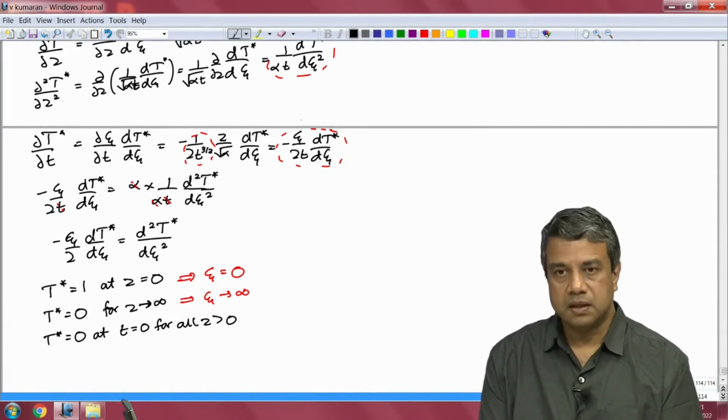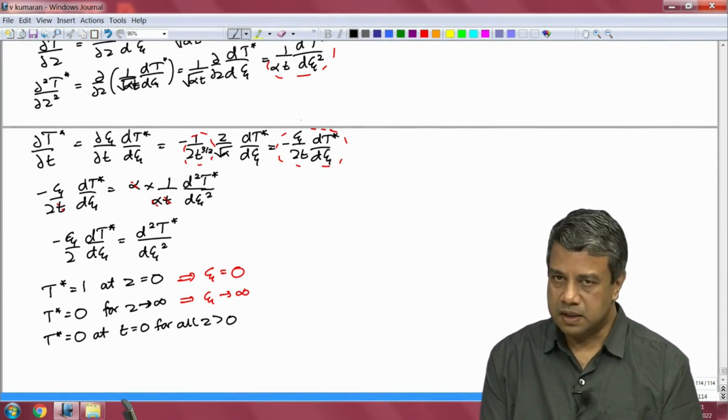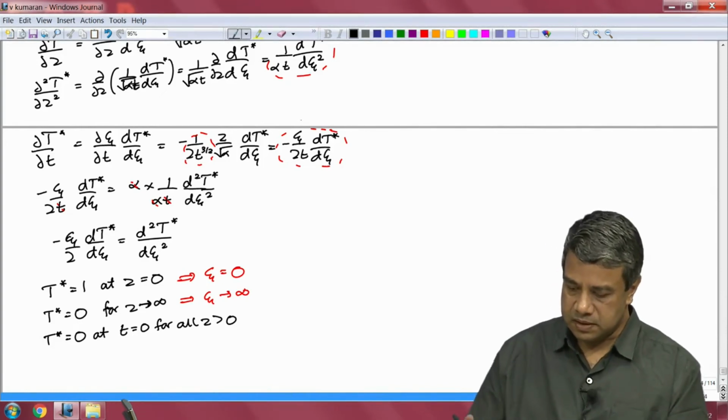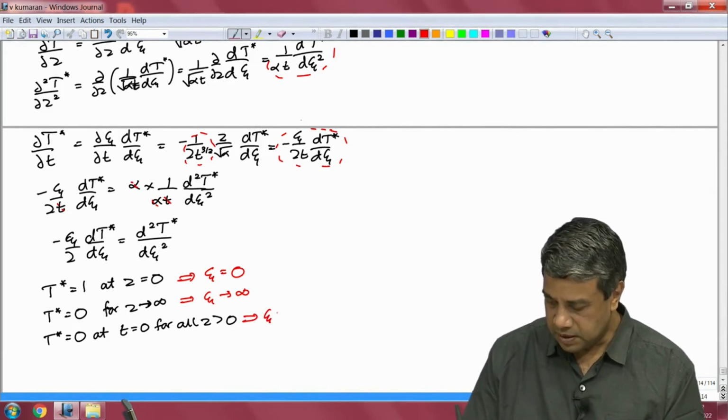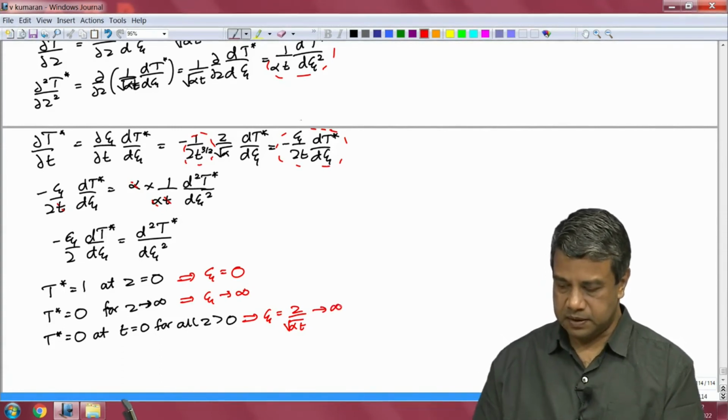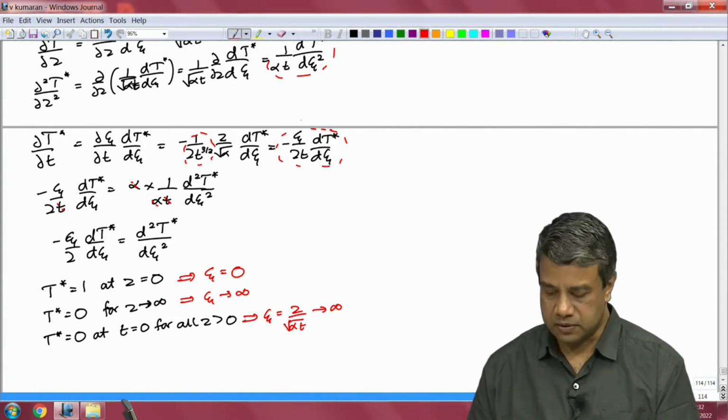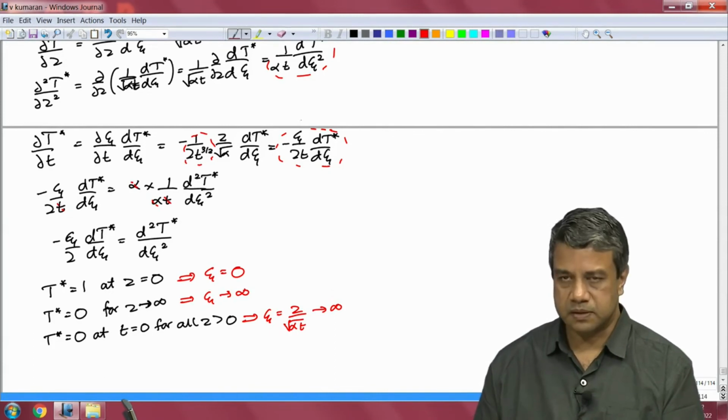For z greater than 0 and t equal to 0, this ratio implies that psi is equal to z by root alpha t goes to infinity. So, psi goes to infinity at t is equal to 0 as well.